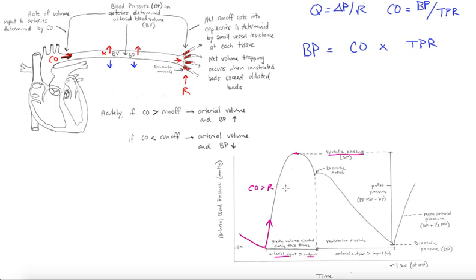Now, as our pressure begins to fall, if our pressure is falling, then the runoff is starting to exceed our filling of that arterial circuit. And so in that phase, runoff is greater than cardiac output, and pressure is falling. You might say, well, what about this little section right here? If pressure's falling right here, why is this still considered cardiac output greater than runoff?